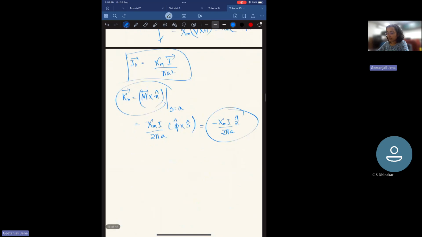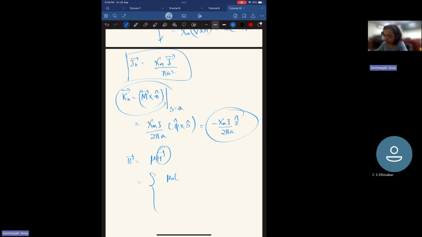So we know JB, we know KB, we know magnetization. If you want to further calculate what is the magnetic field, then you can use B is mu H, right? H you already know. So this you can directly use.